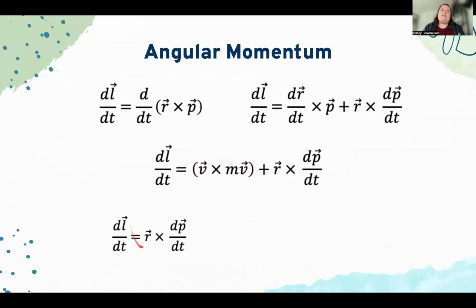That leaves us with the distance crossed with the time derivative of the momentum vector. And the time derivative of the momentum vector, from when we learned about momentum, is the net force. So the time derivative of the angular momentum is the radius or distance crossed with the net force.